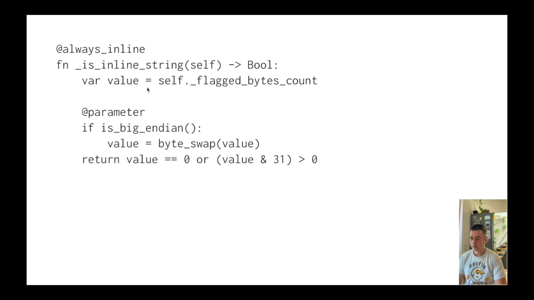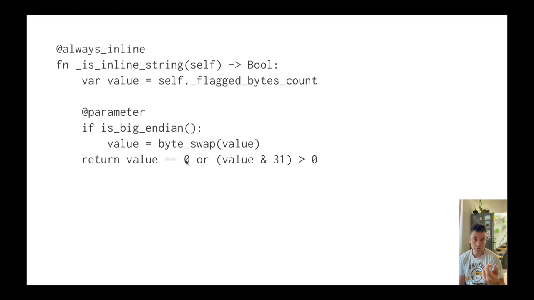So what we have here is a method called isInlineString, which gets the flagged byte count. Then if we are on big endian architecture, we need to byte swap it. Important. Then we check, okay, if value is 0, then it's a small string.